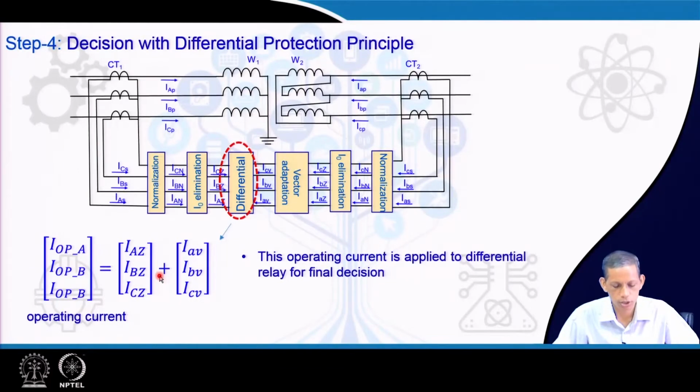This operating current is applied to the percentage differential relay characteristic, and the relay sees whether it is greater than IPU and greater than M1 into the restraining current or M2 into the restraining current. Then the relay makes a trip decision, otherwise it remains restrained.